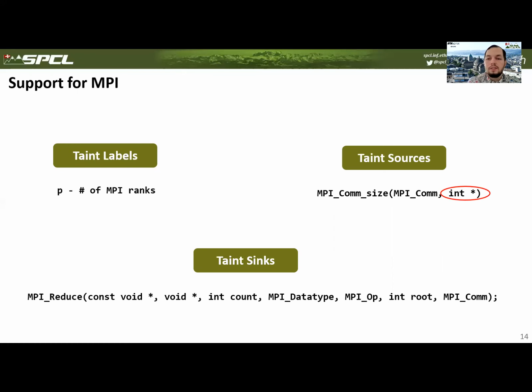In addition, we add taint sinks, so places where the labels are consumed. Usually we inspect for loops to understand which labels affect loop exit conditions. But for MPI functions, we add implicit dependencies. We know that MPI reduce is going to have a performance model that depends on the number of MPI ranks. We cannot analyze this. Therefore, we implicitly add a dependency on P there.